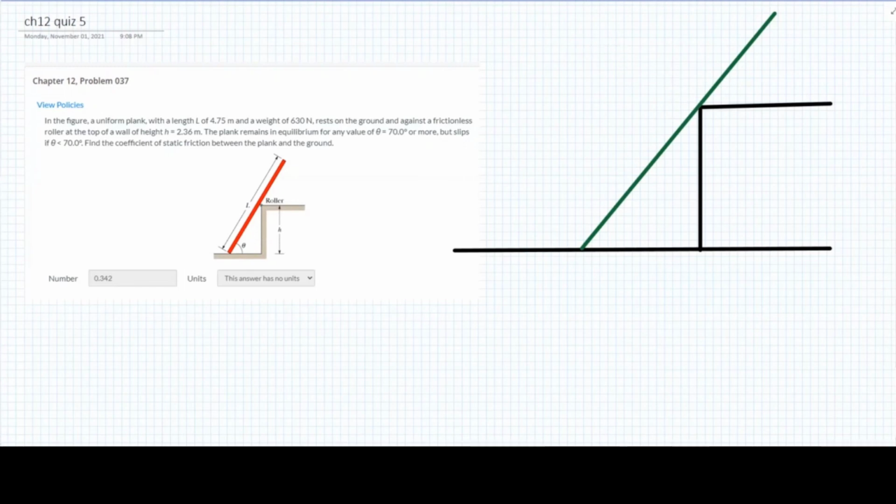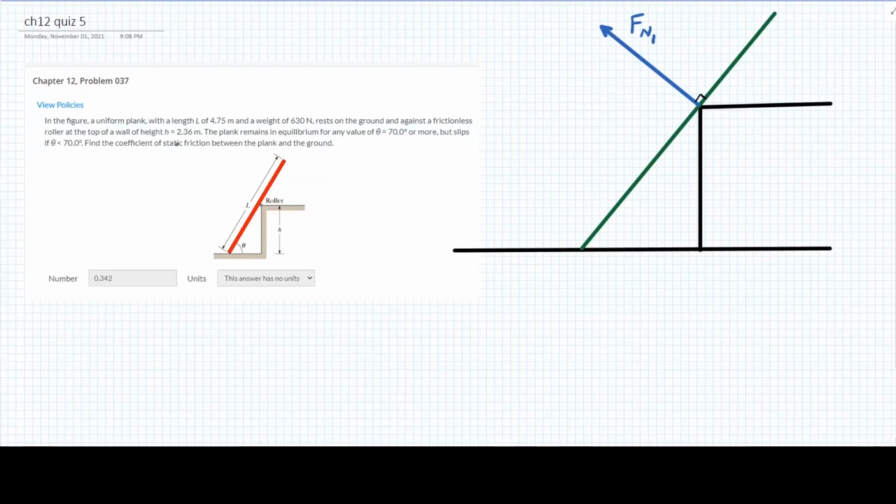I'm trying for a different color. Okay, so this is technically a normal force, F subscript N. I'm going to call it 1 because we might have another. I think we have another normal force down here on the floor. But let's just make sure this is 90 degrees because it's just a roller. So this is 90 degrees.